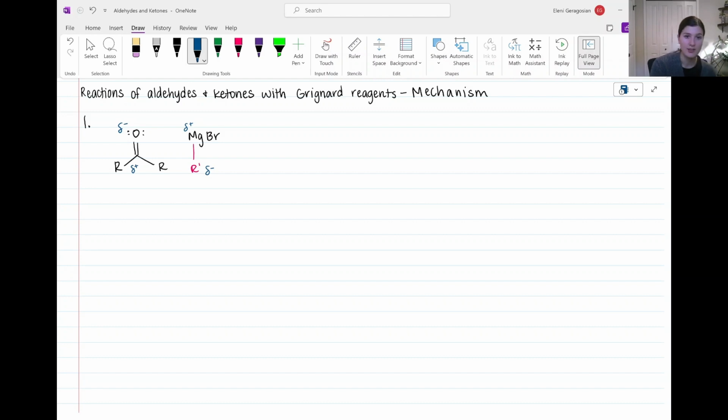The oxygen with a magnesium present can coordinate to the magnesium. So we've seen this in the past with lithium present. So this is a coordination.